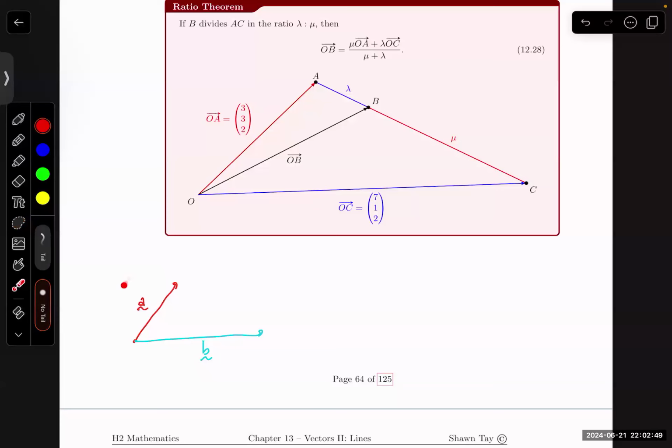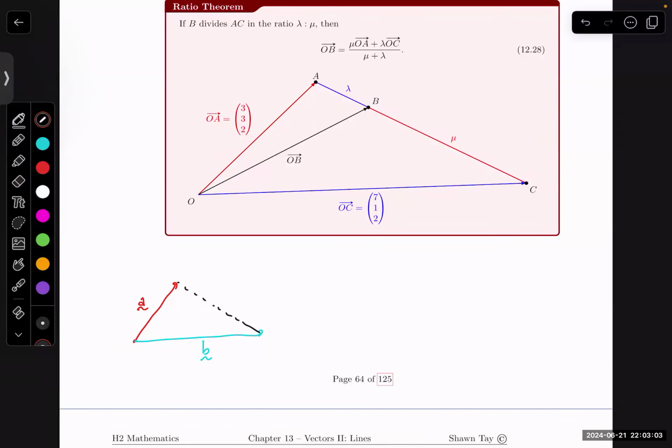So if I draw my vectors A and B like this, I can join the tips of the arrows. Let's say I cut this dotted line into two parts, here.